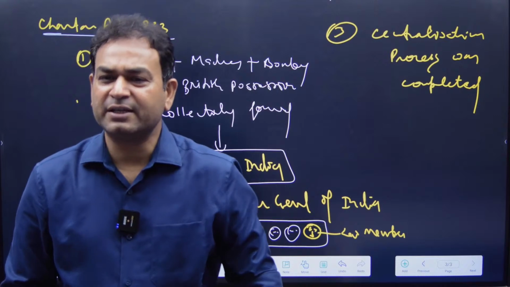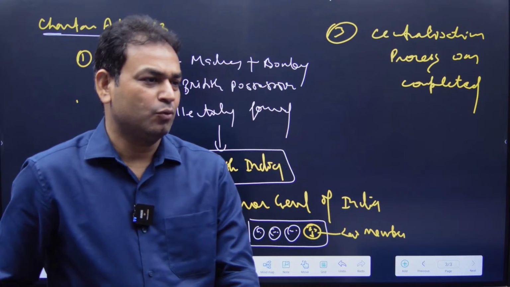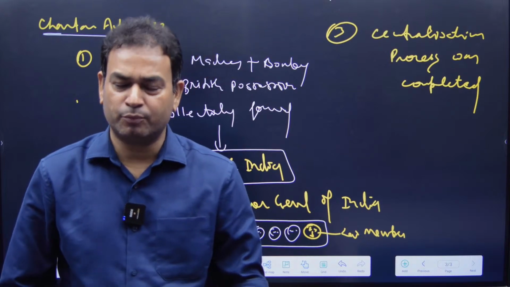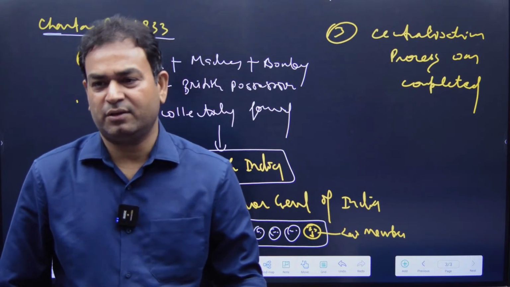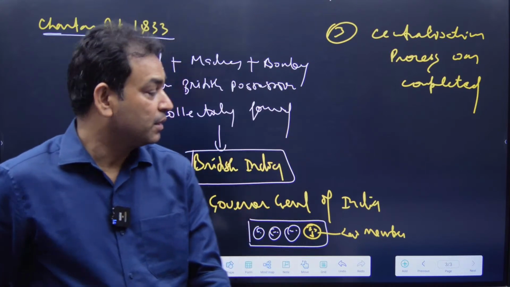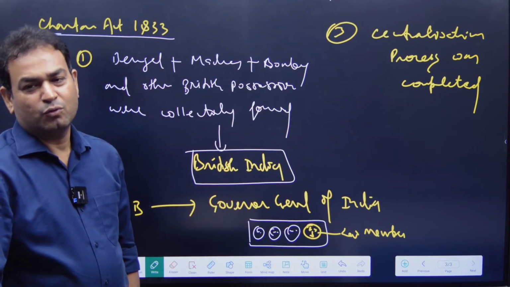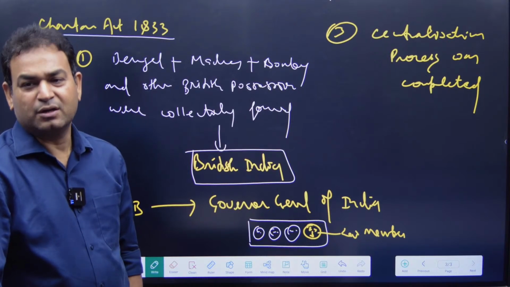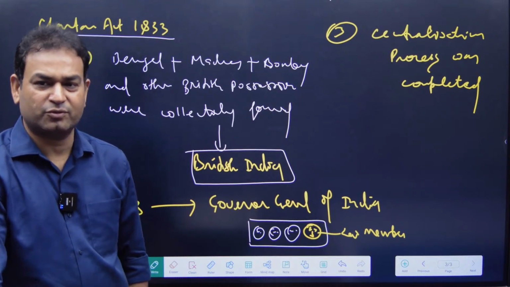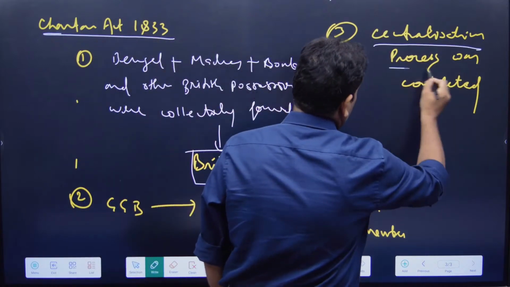He was an additional member, the law member, and whenever the council was making laws, Lord Macaulay was only providing legal advice, because he was the law member. In this way, the Governor General of India started governing British India with the help of 4 members. In 1833, complete centralization began.